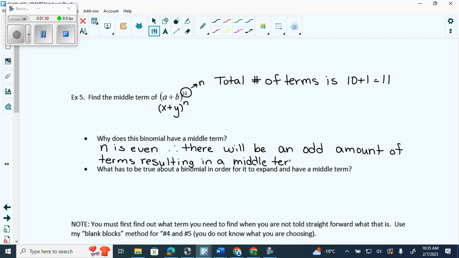The triangle with 3 dots means therefore, just so you know. So what has to be true about a binomial in order for it to expand and have a middle term? What does n have to be? Even.